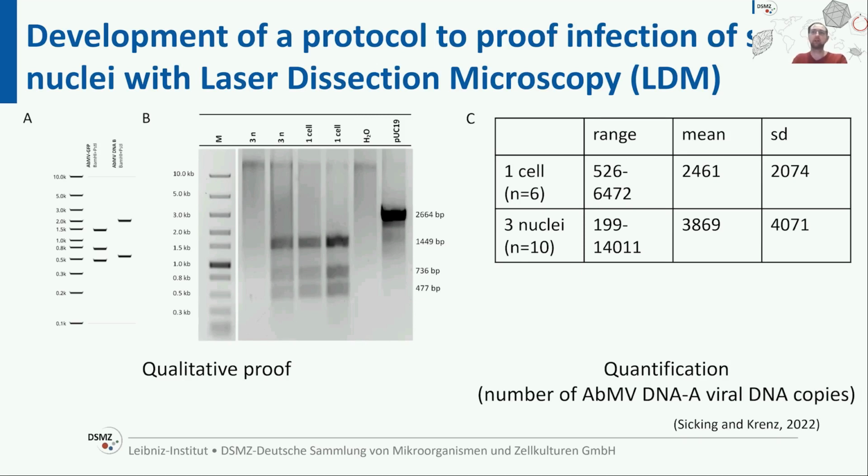And additionally, in panel C, you can see that we can also quantify the number of ABMV viral DNA copies, which started at a few hundred copies per nucleus and go up to a few thousand.